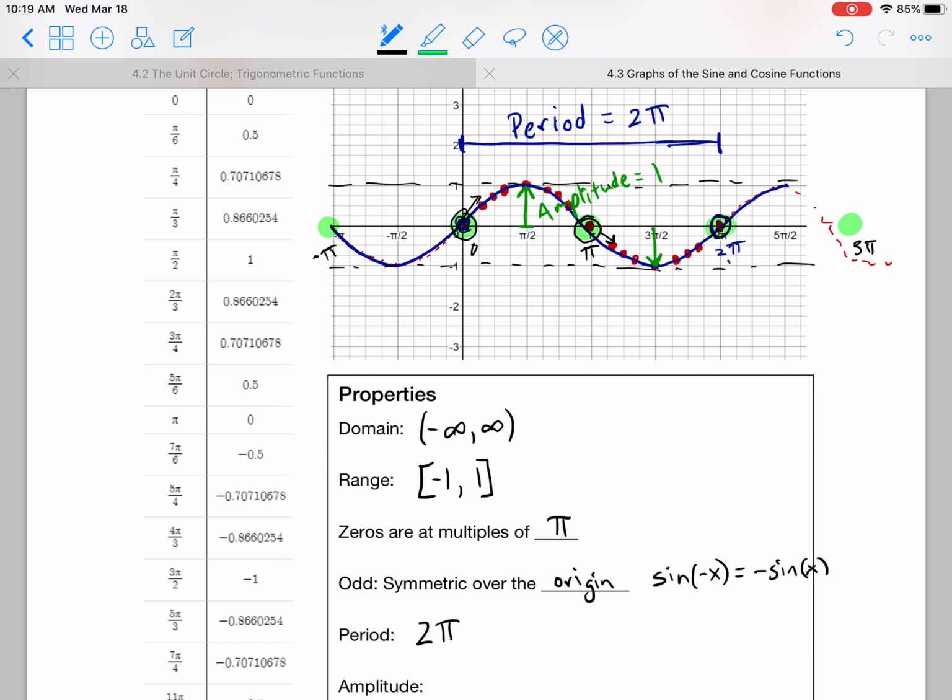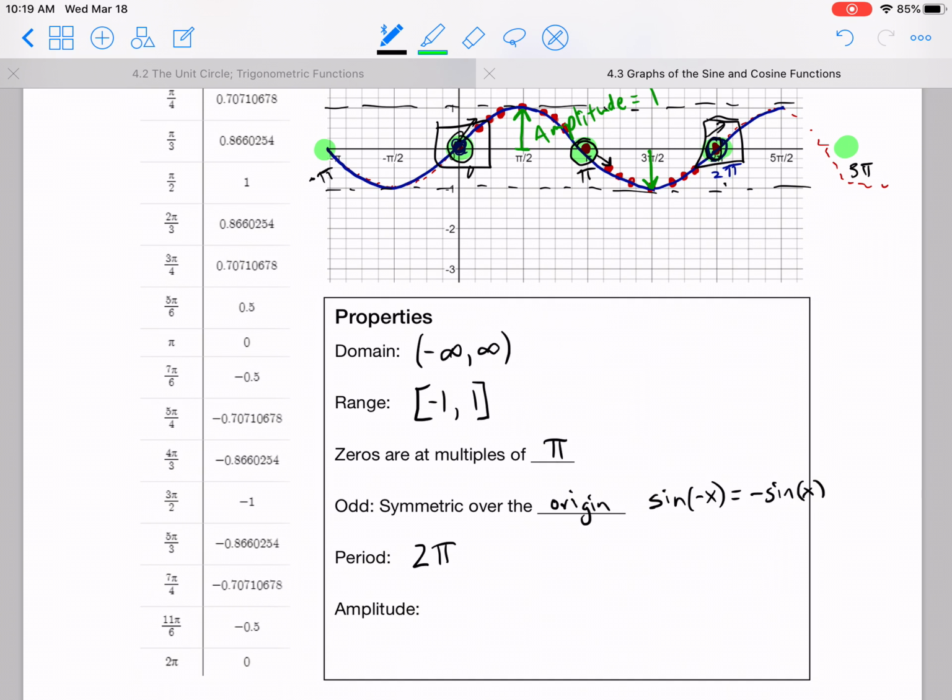You have to keep going until you get back to the same point here again, and it's headed back up. So this point here and this point here, that's the beginning and end of one full cycle. All right, you have to do one full complete wave in order to make note of what the period is.